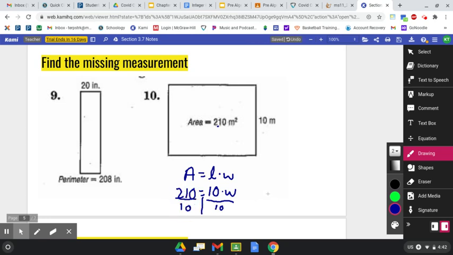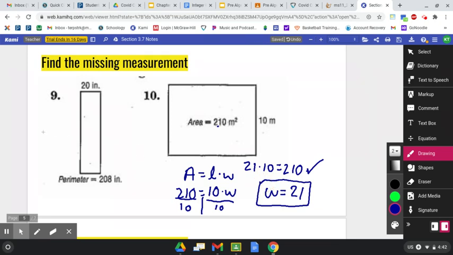And we should get that the width equals 21. And if you check it out, does 21 times 10 equal 210? The answer is yes, it does.